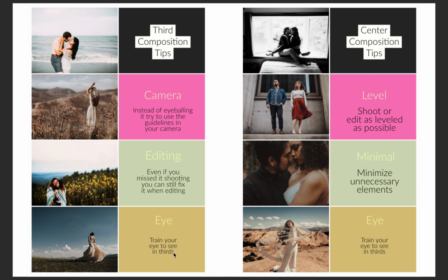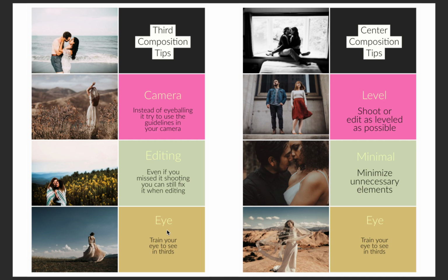Okay, so next tip I have on the rule of thirds is train your eye to see it in thirds. Okay, so if you've ever been around photographers who have been doing photography for a long time and you start talking to them about what they see when they shoot or how they get the shots they get, they actually will, more than likely, tell you that whenever they're just walking around in their normal day-to-day life, they're actually seeing things as if they were on the back of the camera or maybe in print, right?